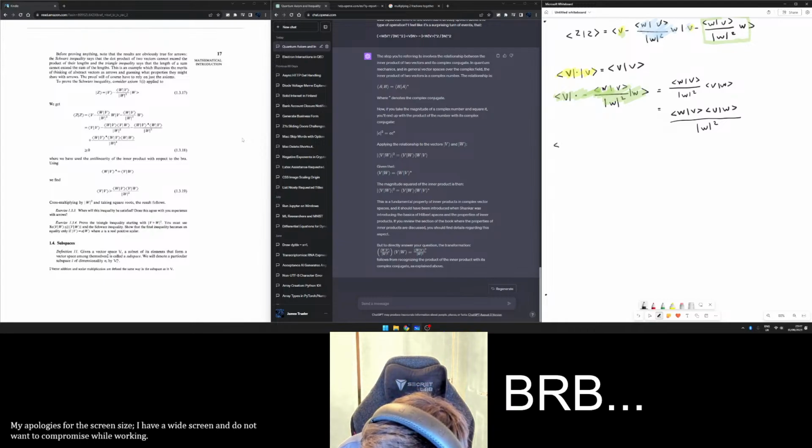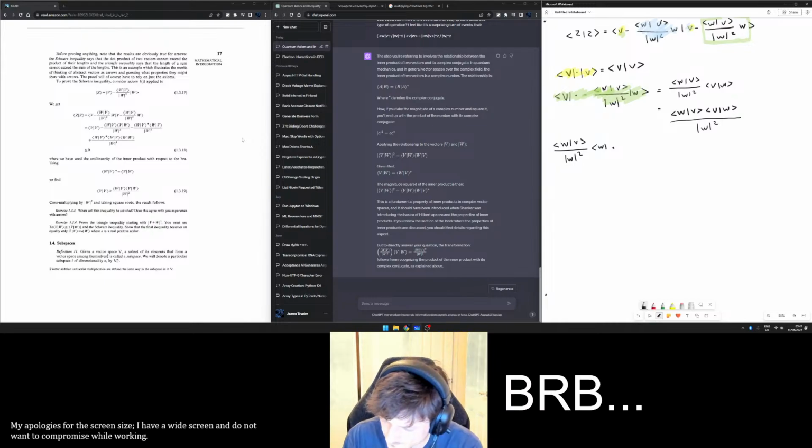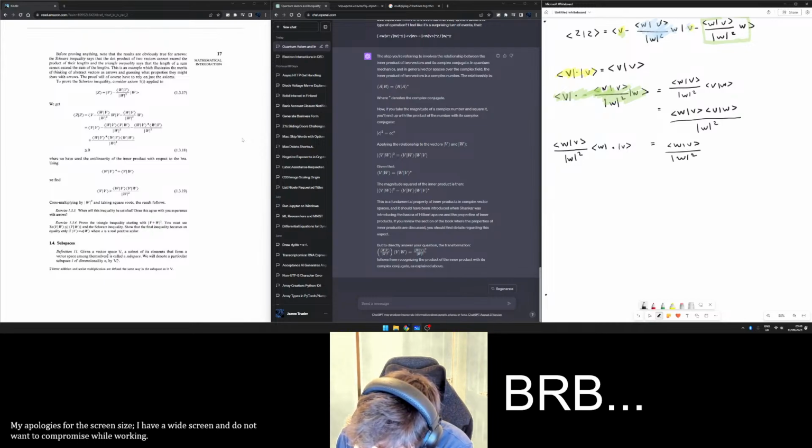So wv over w squared w times v equals wv over w squared, and then oh no, wv, which this time is different because they're the same.